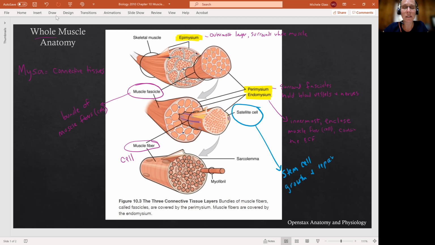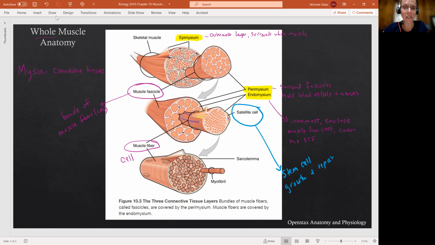So we do have a stem cell that's embedded in a whole muscle. It's called the satellite cell, or you can call it a myosatellite cell. That's a single word. We'll see that inside the endomysium, right there close to those muscle fibers.